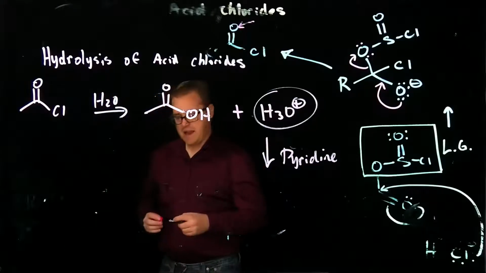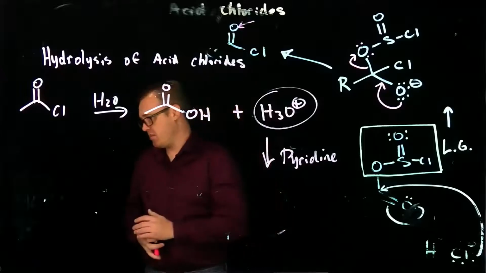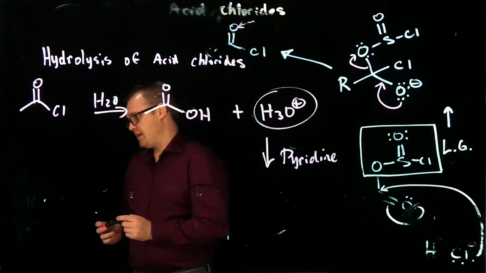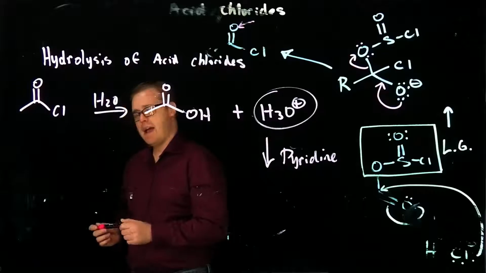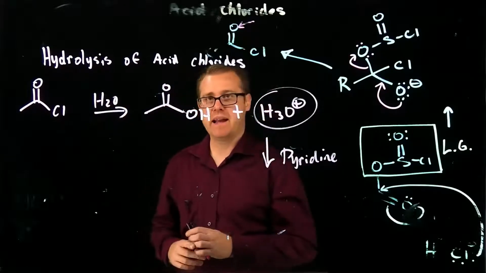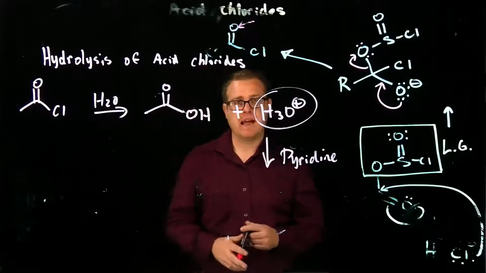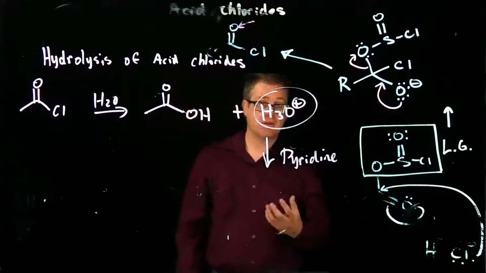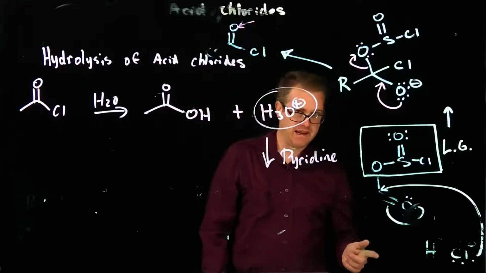Okay, the next reaction that we want to talk about is, let's see here. How do we make esters? What's a way to make esters? And what we're going to look at is how we can take an alcohol and the acid chloride to make an ester.